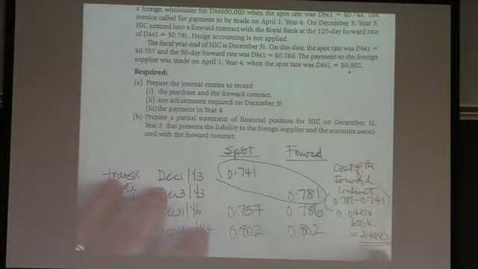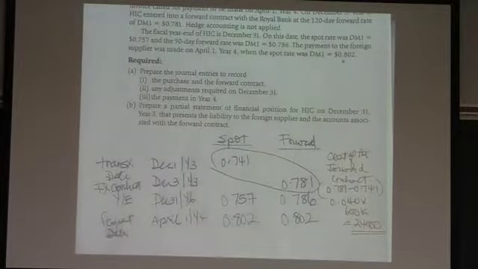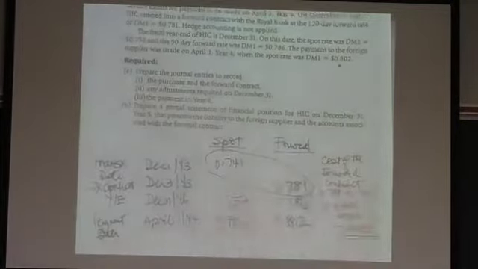Now we're going to double check whether this is the right number for the overall FX gain or loss. In this case it's probably going to be a loss, but let's take a look. All right, let's look at the journal entries.